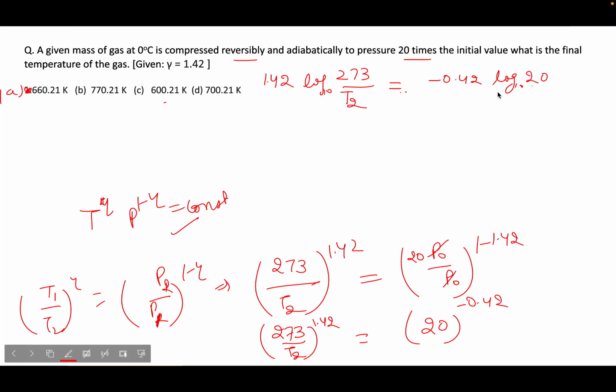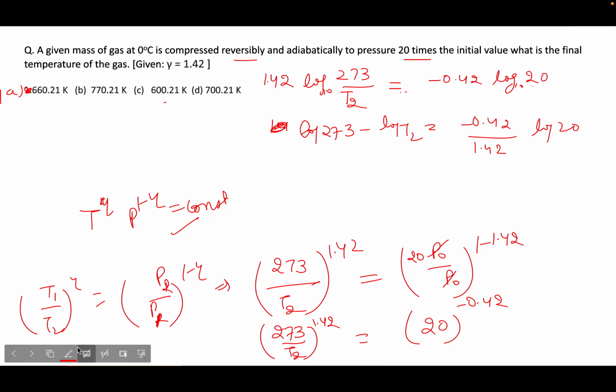It can be solved very easily. So log 273 minus log T2 is equal to 0.42 divided by 1.42 log of 20. Let me use the calculator.